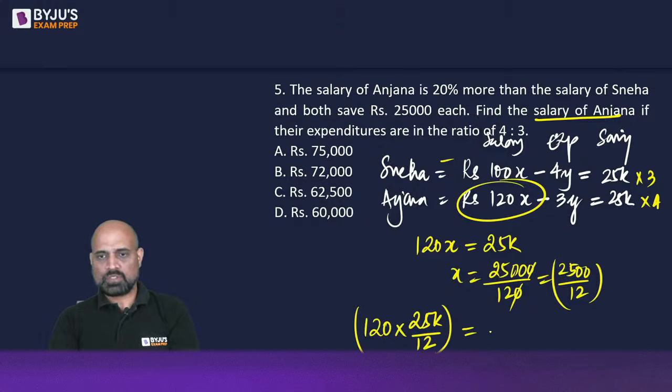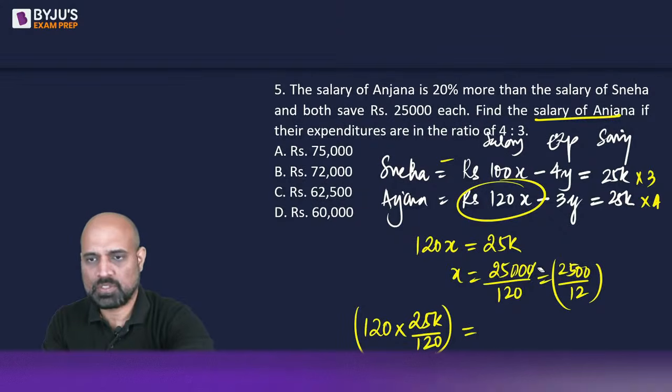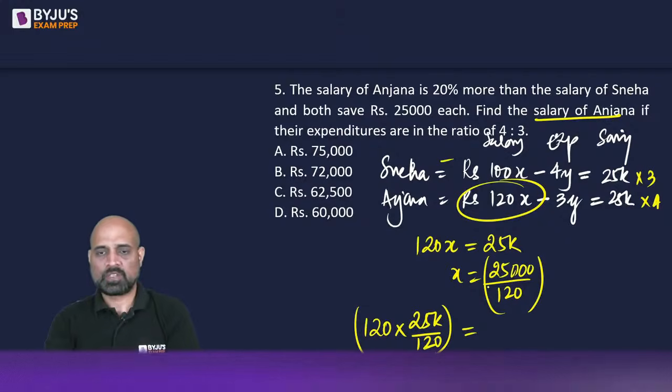Let's not remove 0. $25,000, 120x is going to be 25,000.